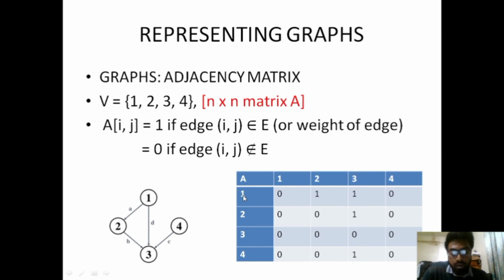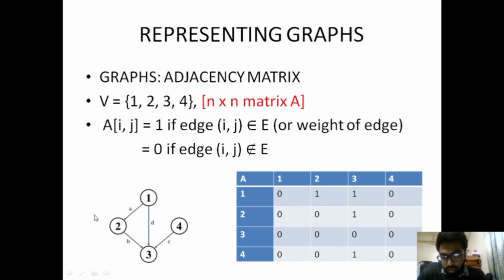Now start from vertex 1. In vertex 1 we can see that it has an edge between 1 to 2. We will put 1 in the 1 2 position for that. For vertex 1 we can see another edge which is 1 to 3. So we will put 1 in the 1 3 position for that. We do not find any edge between 1 to 1 or 1 to 4, so we will put 0 there.